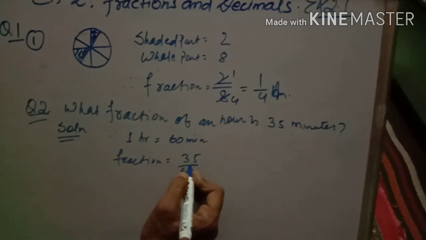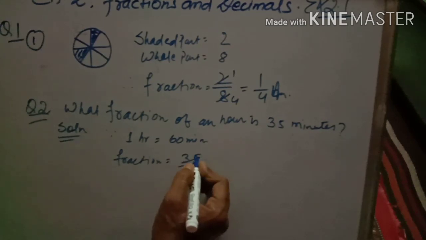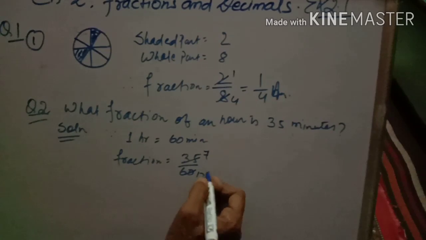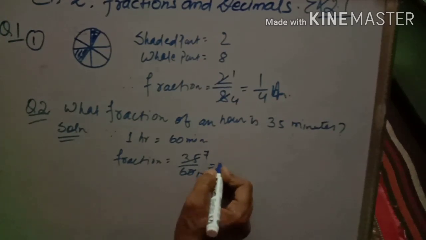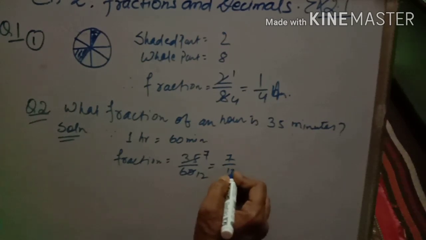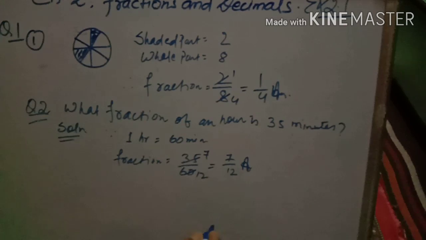So do it in the lowest term. 5 sevens are 35 and 5 twelves are 60. Therefore 7 by 12. The fraction will be 7 by 12.